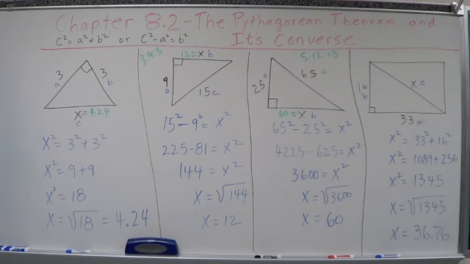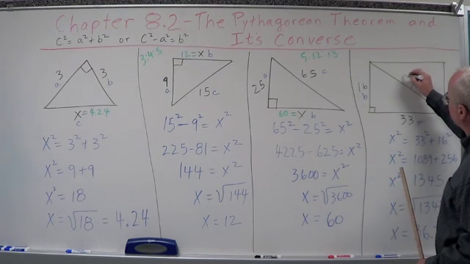X squared equals 1,089 plus 256. Add those together: x squared equals 1,345. We don't want x squared, we want, you got it, x. So we take the square root of both sides. X equals the square root of 1,345.